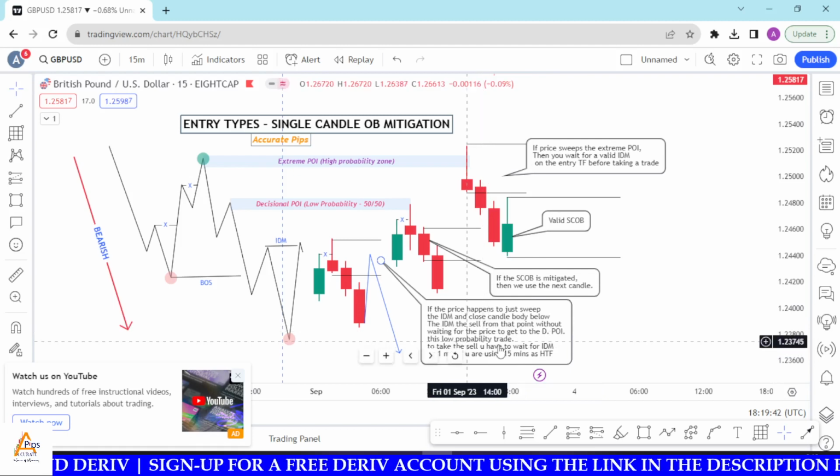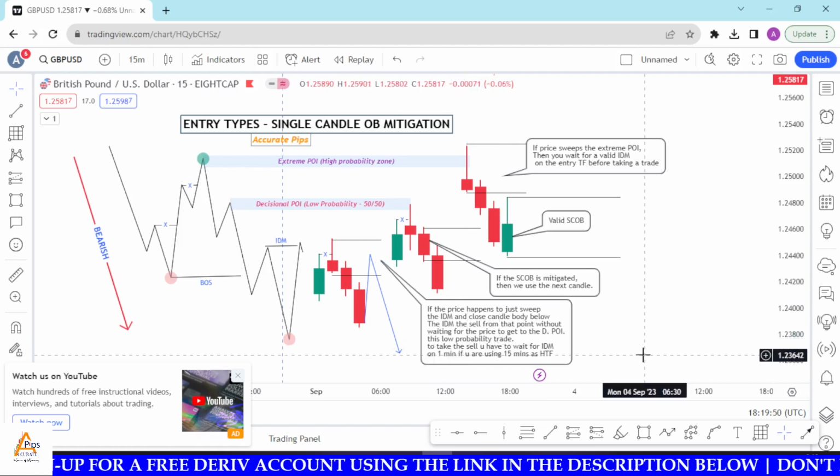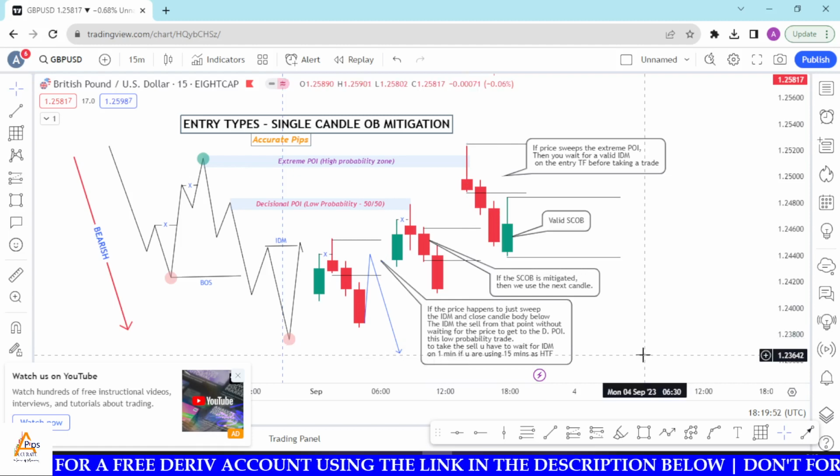This is low probability trade also. To take the sell, you have to wait for IDM on 1 minute if you are using 15 minutes as your higher time frame. So take note of this.